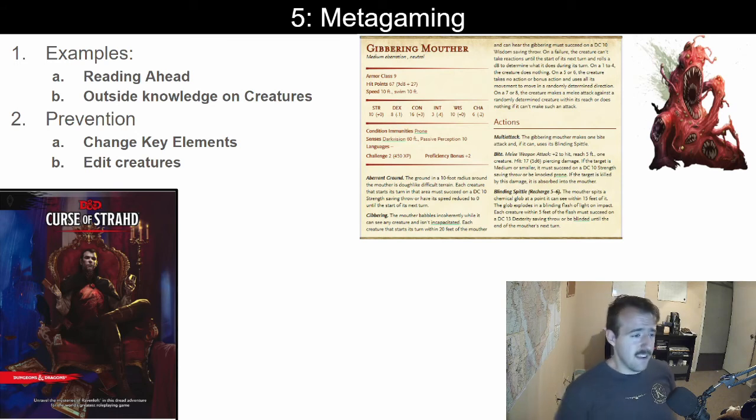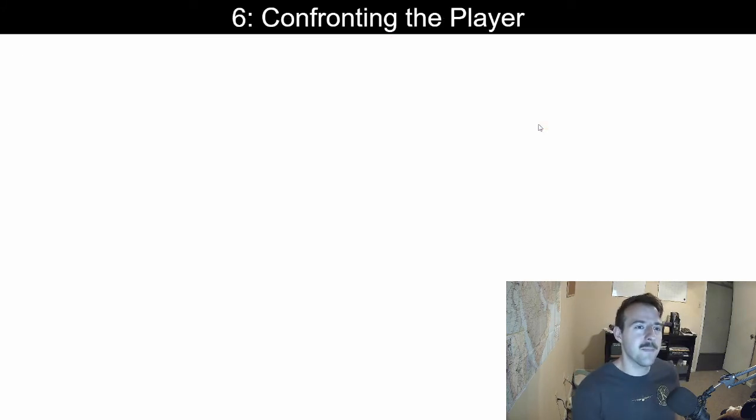In that case, you can change key elements of the story or edit creature stat blocks to punish the person for metagaming, besides actually just talking to them about the issue. So if someone came out and said that gibbering mouthers only move 10 feet, I can guarantee you that they're going to be moving a lot more than 10 feet during their next action.